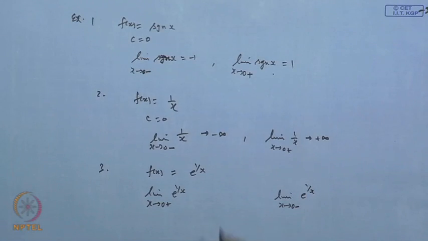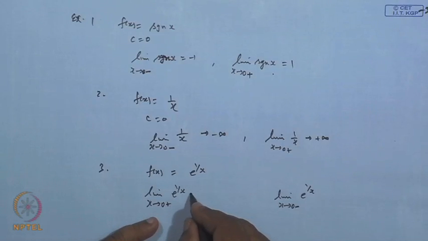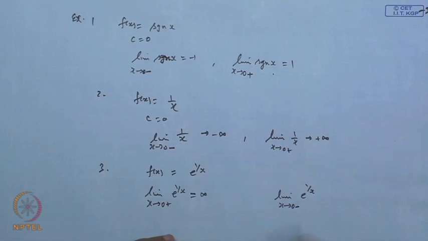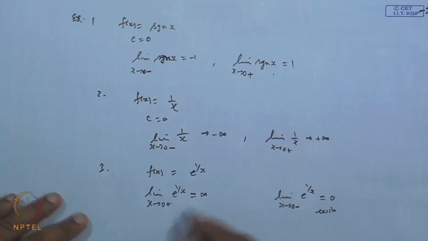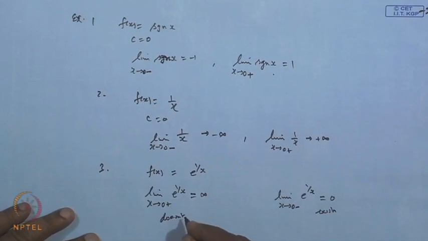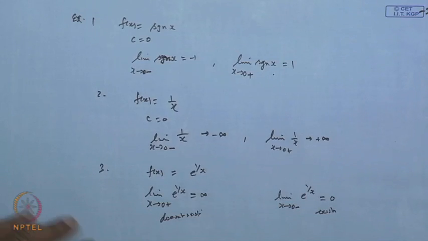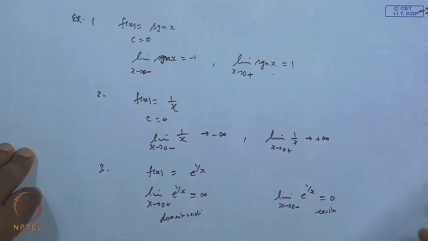What we will say here is that when x tends to 0 plus the limit will be infinity, while in the other case the limit comes out to be 0. So, the left hand limit exists, but the right hand limit does not exist as a finite value, it is infinity. Okay. The reason for this is simple.